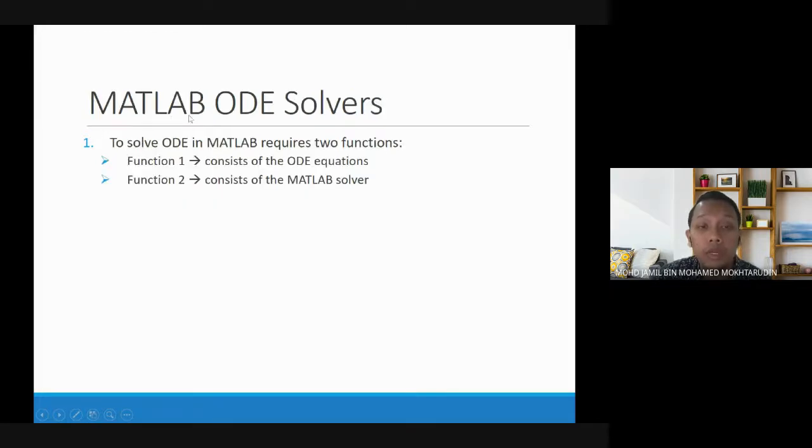To solve ODE in Matlab, you need to write two functions. The first function consists of the ODE equations, so you write all your equations in the first function. In the second function, you write the solver. Always remember, function one is for the ODE equations, and function two is to write the solver.